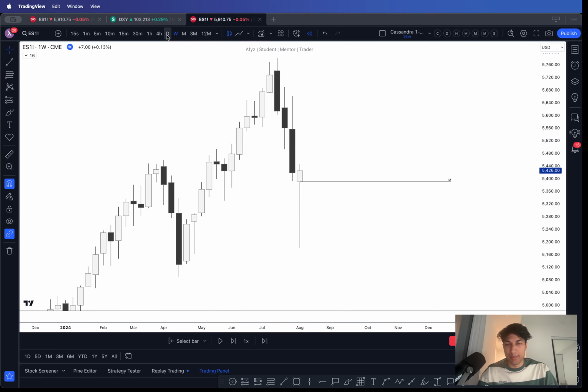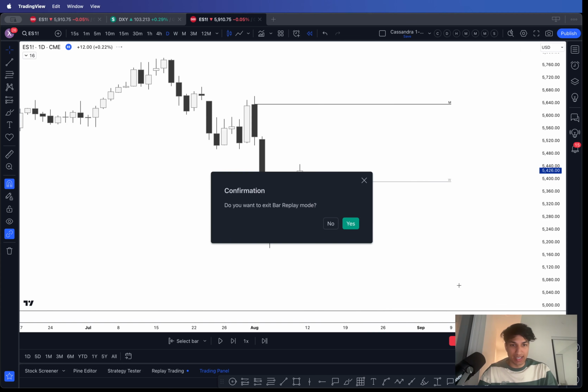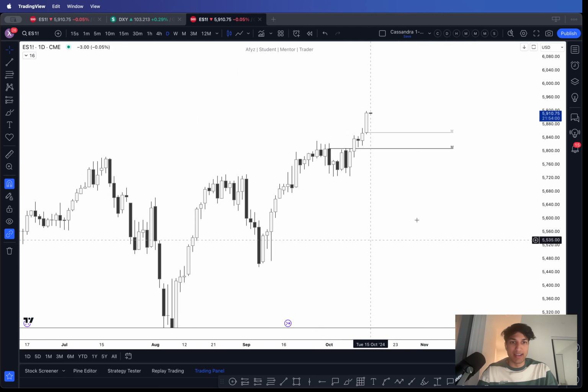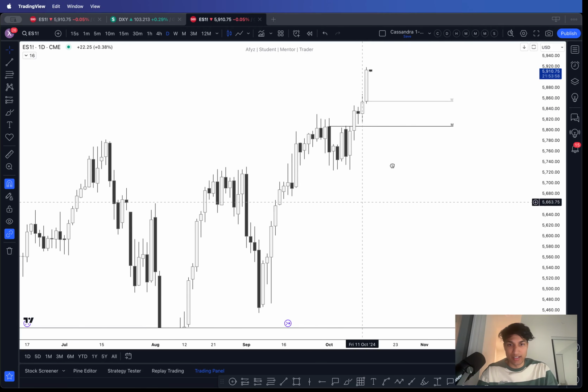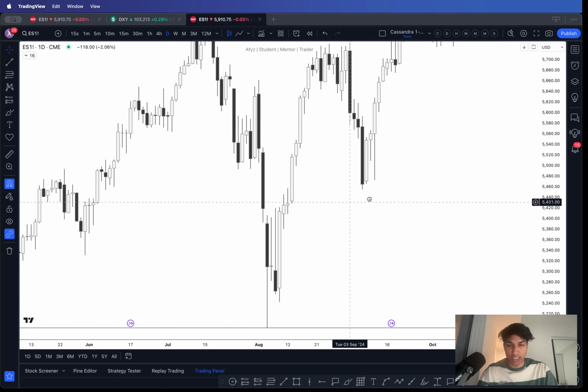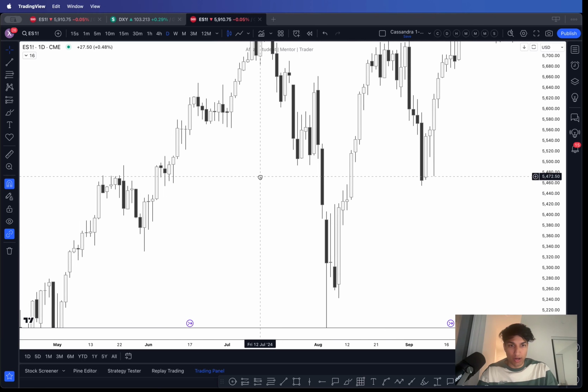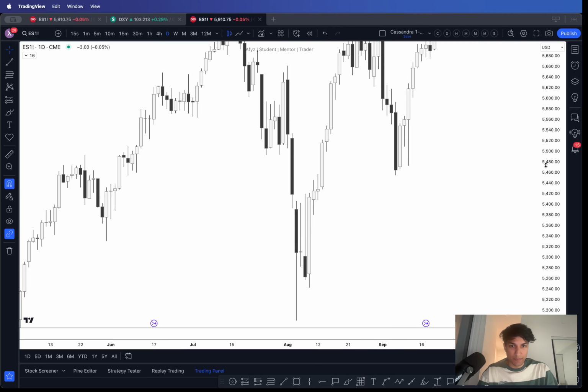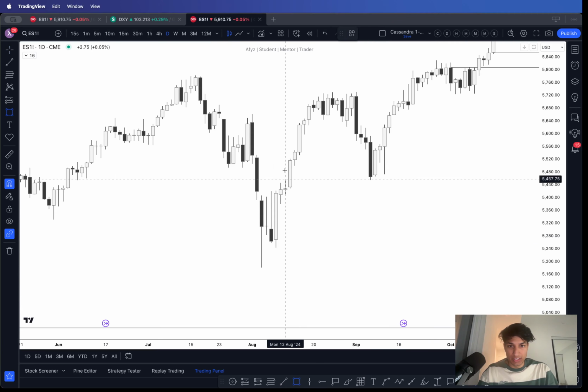We'll do one more example of this just to really crystallize this failure to provide internal range liquidity or fair value and then attacking the lows or the highs. So let's take a look at another clear example of where an imbalance fails. As you can see in here on the daily chart, we have this daily imbalance.